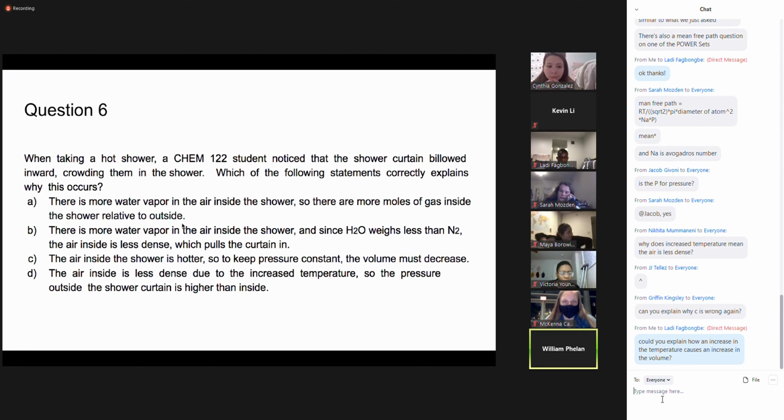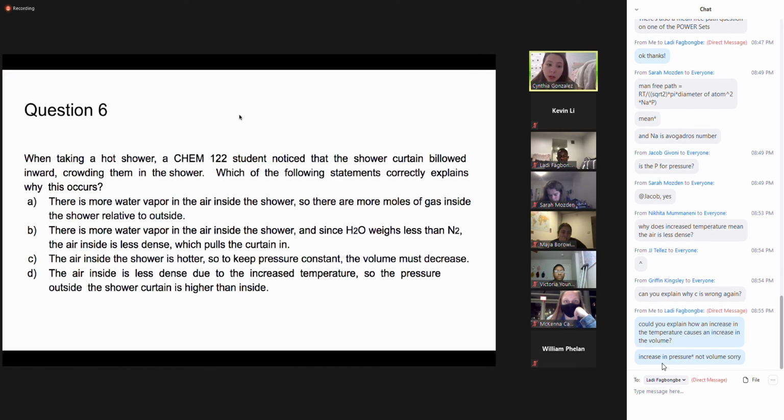Okay. Yeah. And then can we explain C again? So basically, if you were to go along with it, the air inside the shower is hotter, so to keep the pressure constant, the volume must decrease. But the particles themselves don't know that they want to keep the pressure constant.